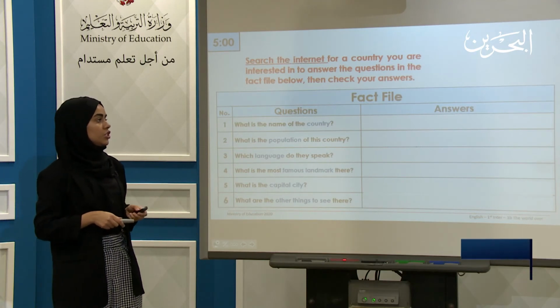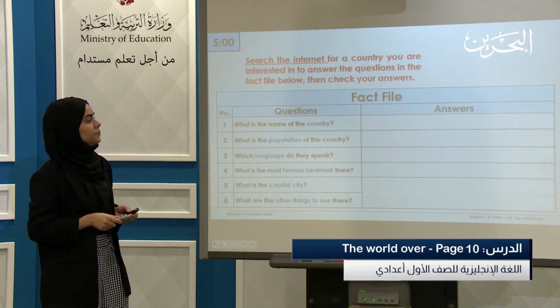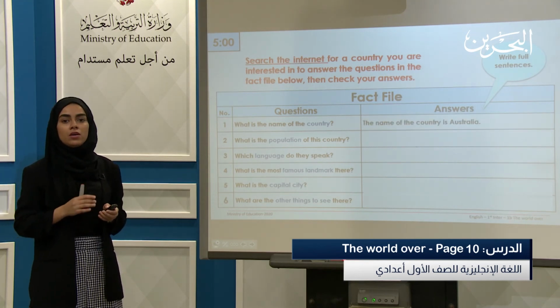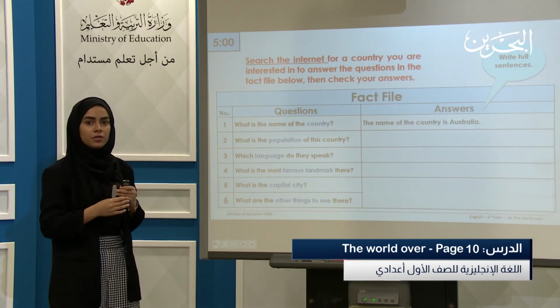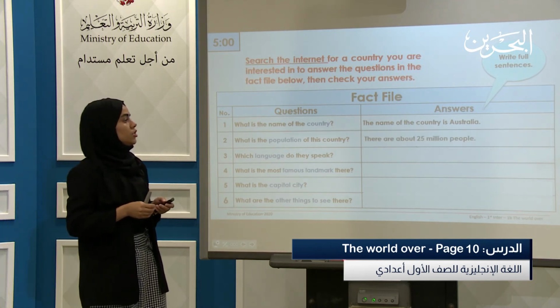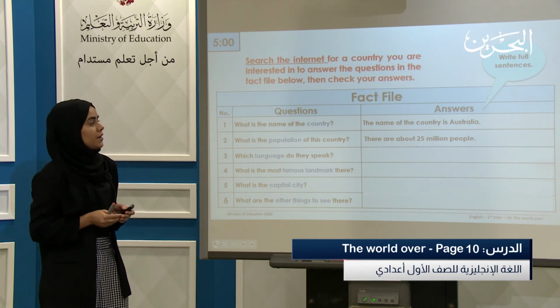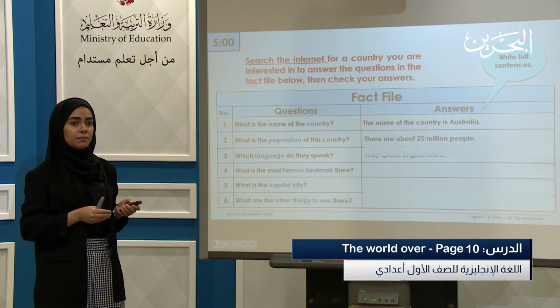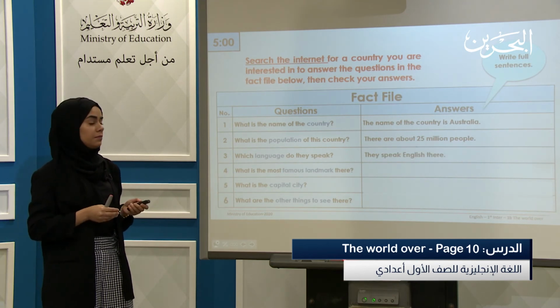Okay, so let's check the answers now. The name of the country is Australia. This is just an example. You can choose any other country that you like. The population of Australia, there are about 25 million people in Australia. Which language do they speak? They speak English there.